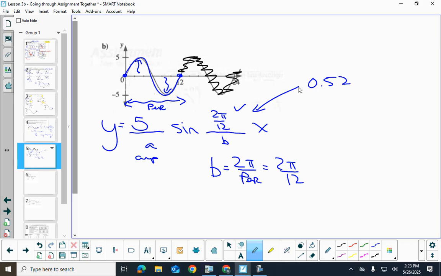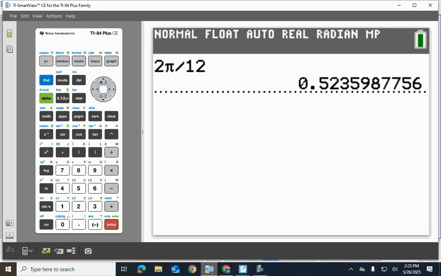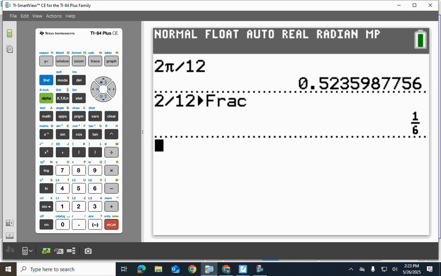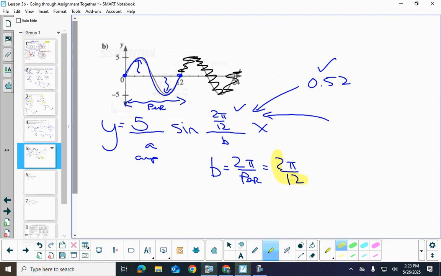The third option is to look at that 2 over 12, just that 2 over 12, and reduce it down. So go 2 over 12 math 1, and you get 1/6, and then you just stick the pi back in.